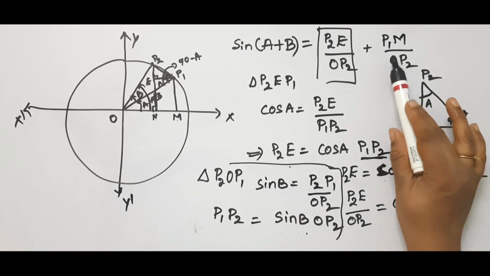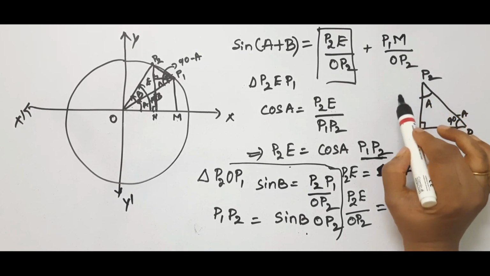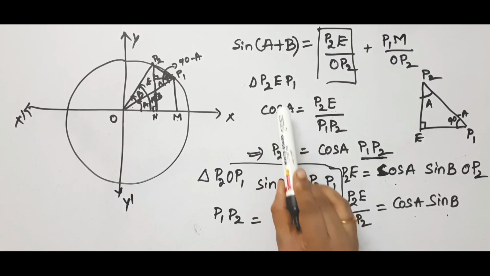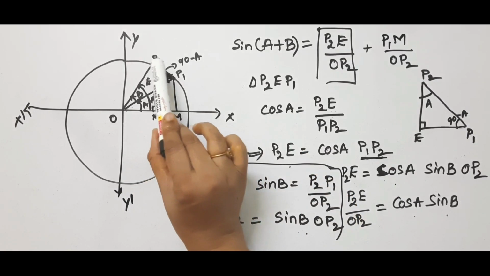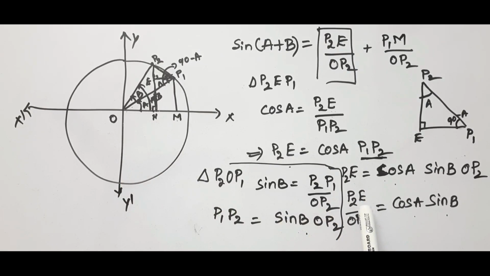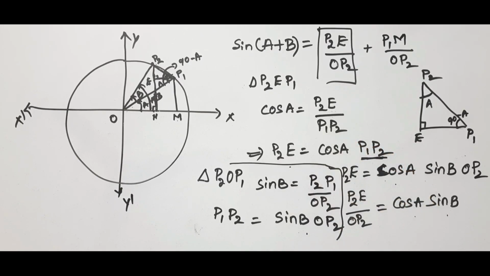Now we have to calculate P1M by OP2. So using the triangle P2EP1 and triangle P2OP1, we got the relation for the value of P2E by OP2. Let us substitute here.